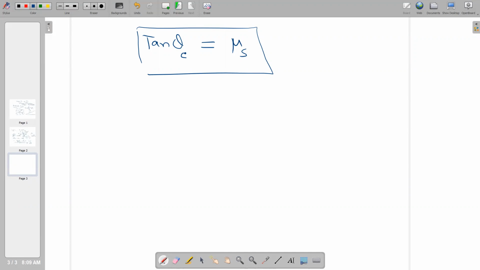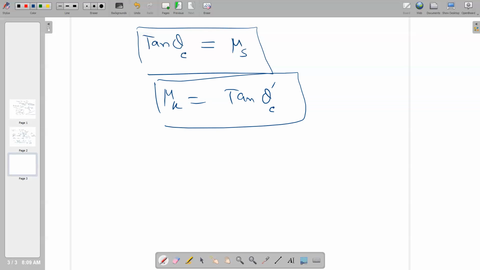So you will apply this formula and find them. Similarly, mu k is equal to tan of theta c dash. I'm writing dash because it is moving and the other is not moving. In this way, you can find the value of mu k by using this formula. This is a very important formula to solve this problem.